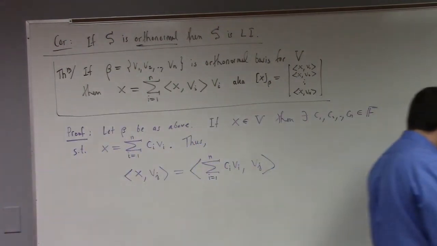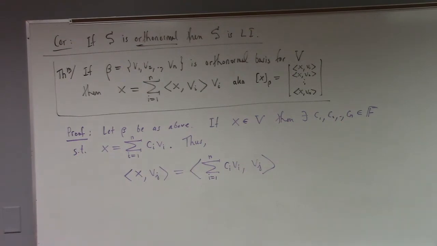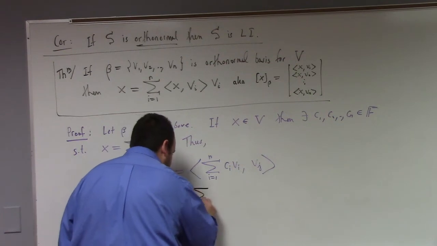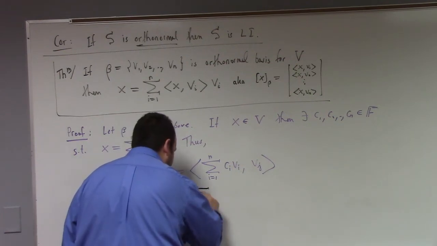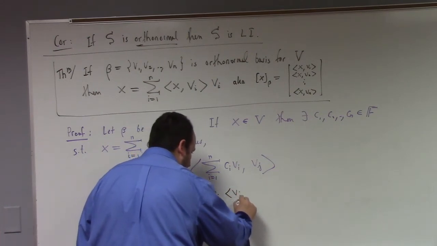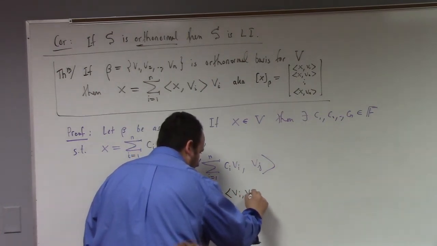So what happens there? By properties of the inner product, we can pull out the summation, and we can pull out the constants, and what does it leave us with? The inner product of Vi and Vj.